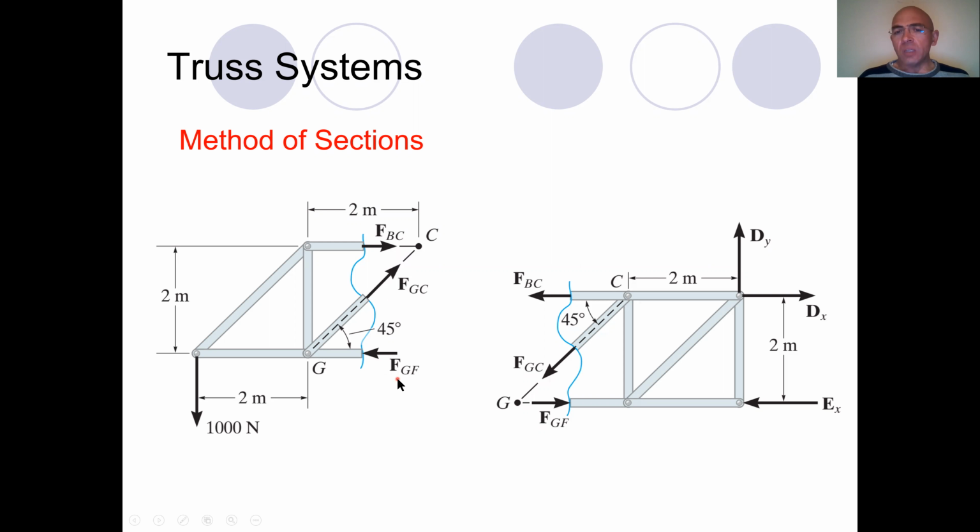Now the point is this: you can choose either side in order to find the forces coming to the members GF, GC, and BC. So these are the magnitudes of the forces to be found, which is asked of us, for example.